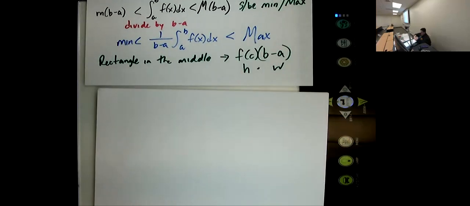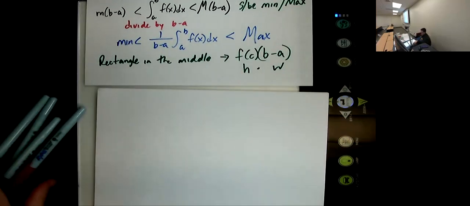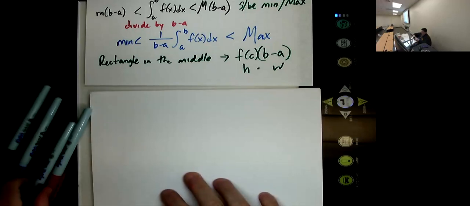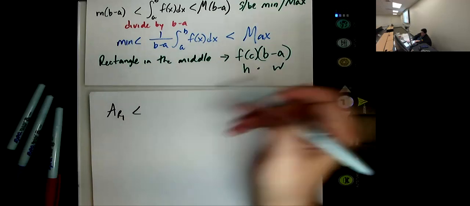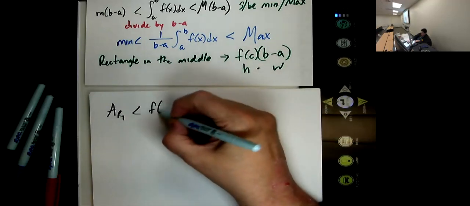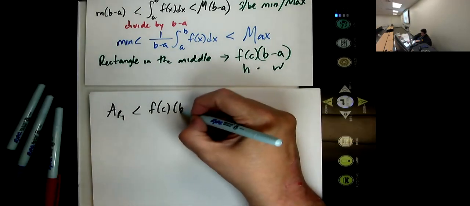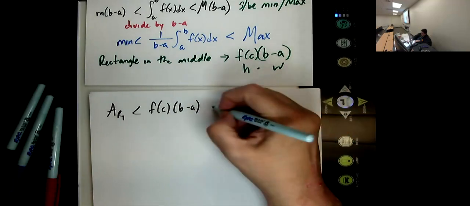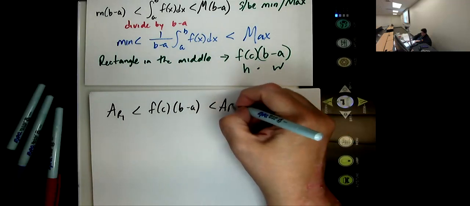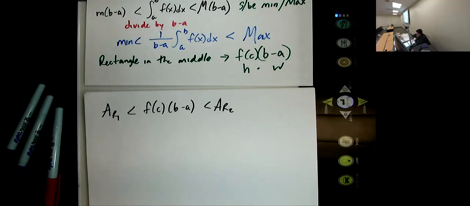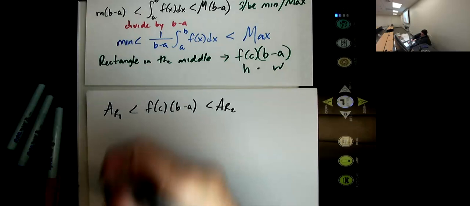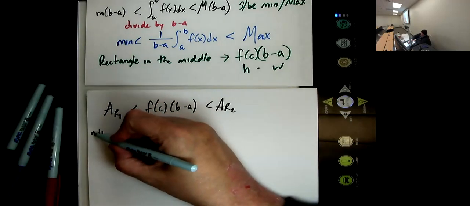So if I go back up to AR1 and AR2, I had AR1 is less than f of C times B minus A, which is less than AR2. And that's where we put min in again.